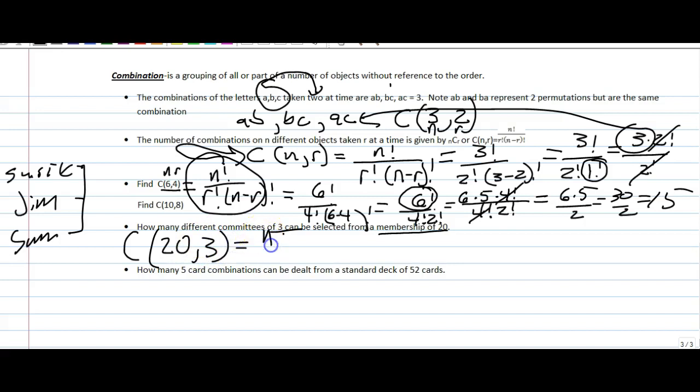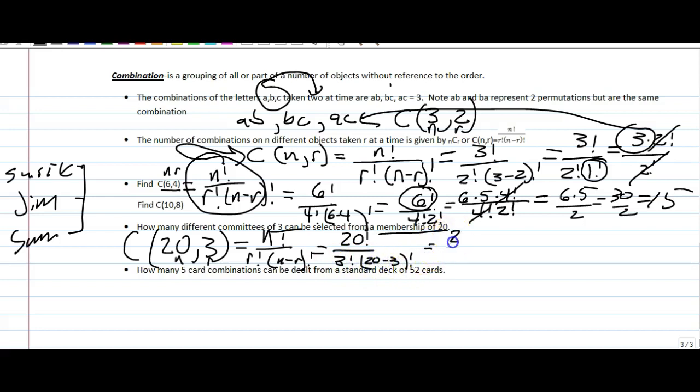So my formula is n factorial over r factorial times n minus r factorial. N is 20, r is 3. So this is 20 factorial over r factorial, which is 3 factorial, times n minus r, which is 20 minus 3 factorial.